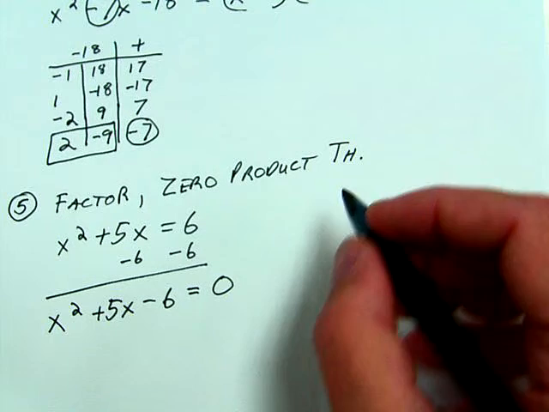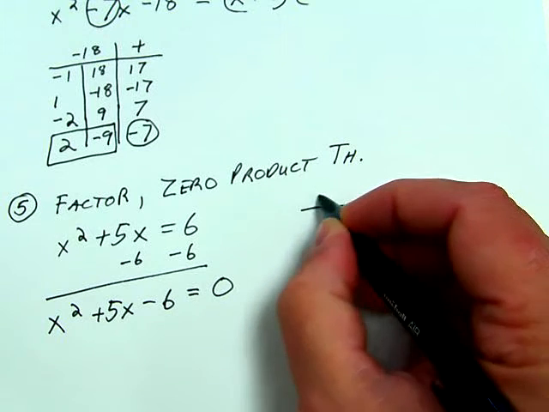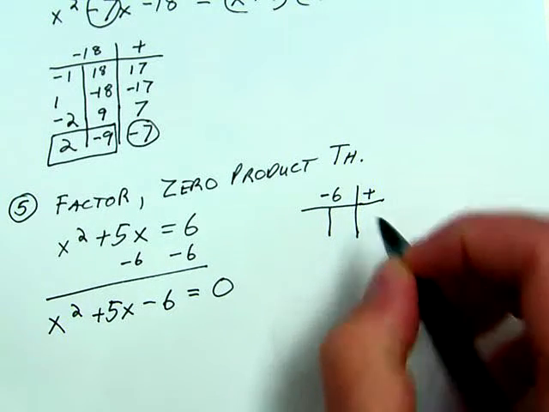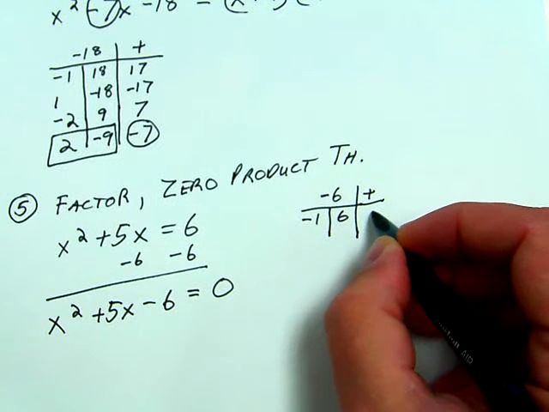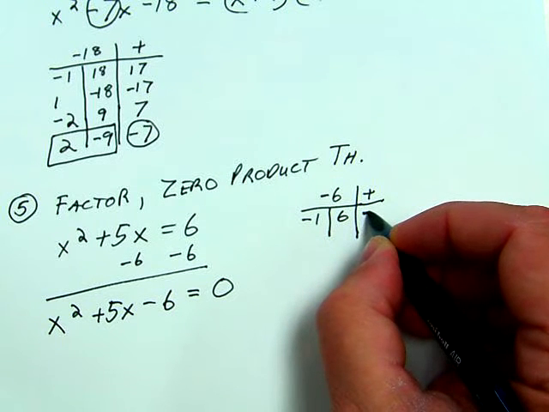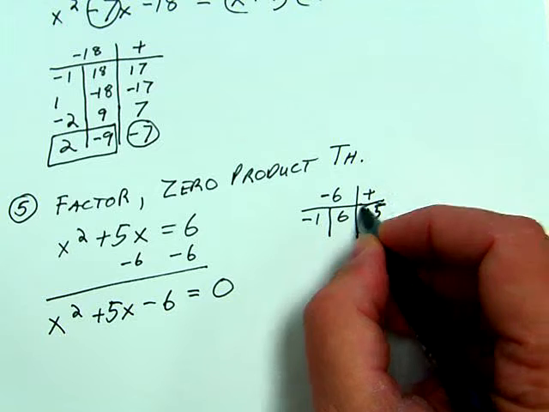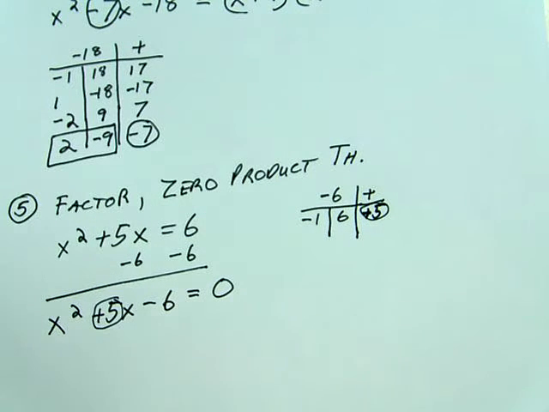I need to factor to get to negative 6, but when I add it, it needs to be positive 5. So negative 1 times 6 added together is positive 5.